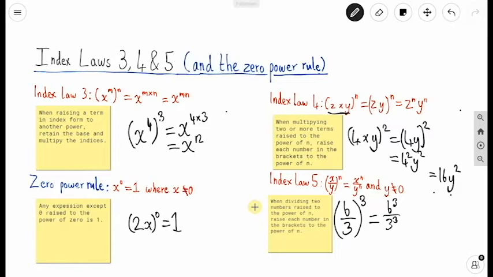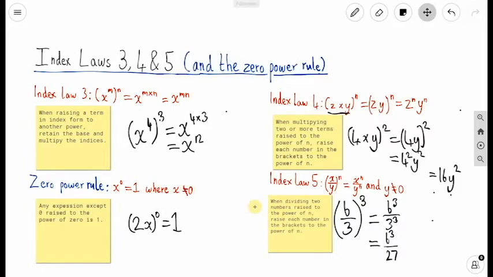Cannot simplify b raised to 3 because it's a variable. We don't know what the value of b is, but we can simplify 3 raised to 3. So we just leave b raised to 3 by itself, but 3 raised to 3 will give us 27. So the answer will be b raised to 3 over 27.